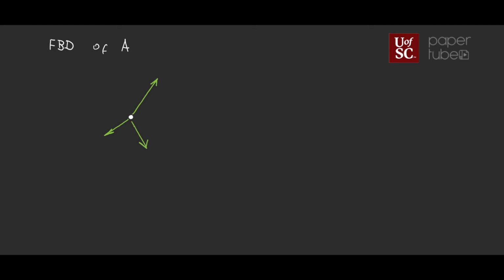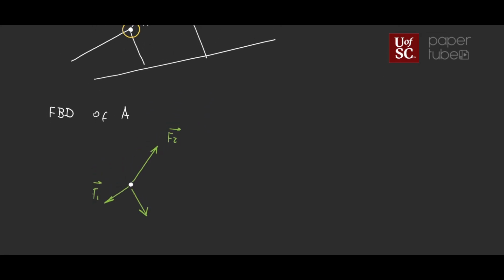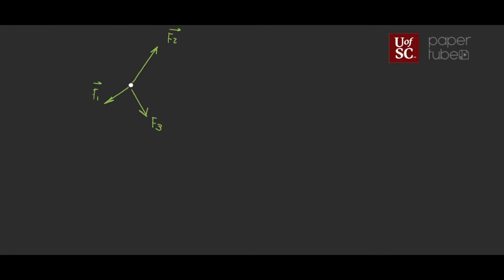I'm going to put some names to these forces. So I'm going to call this F1, call this F2, I call this F3. And then the next part is to be able to label my axis. So in reality, this is a 3D problem, but for simplicity right now, let's assume that this is 2D.